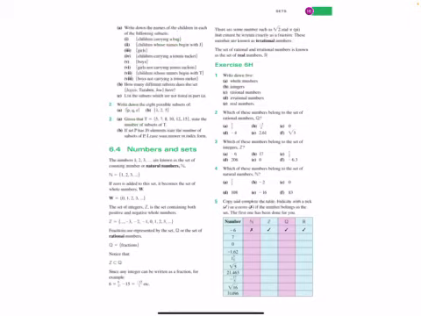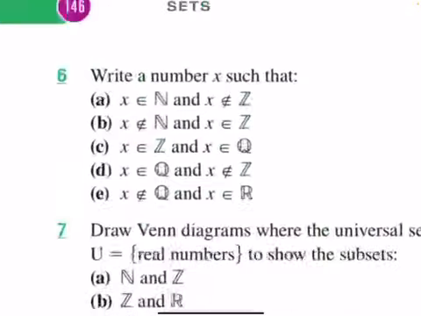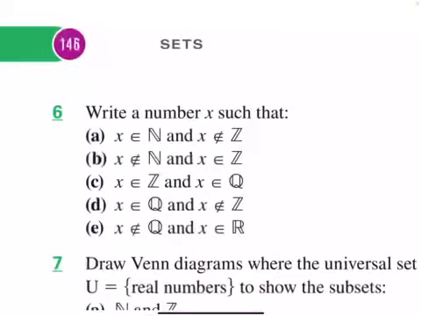6.4. Your answers, you will start to notice they will become like this. Give your answer such as x is an element of N, x is not an element of Z. You will start saying the answers will have to look like this.